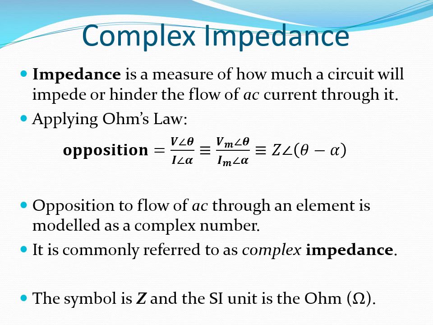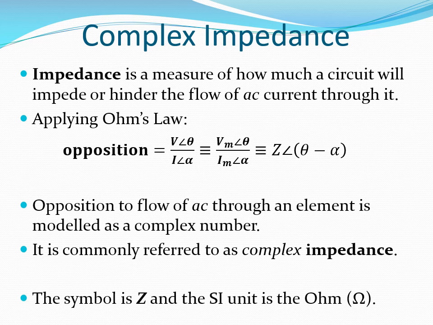Impedance is a measure of how much a circuit or circuit element will impede or hinder the flow of AC through it. From Ohm's law, opposition is equal to voltage over current. Now, voltage and current are modeled as complex numbers. Therefore, the opposition comes out as a complex number.